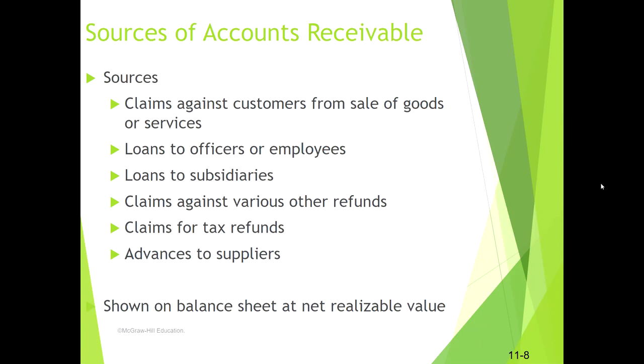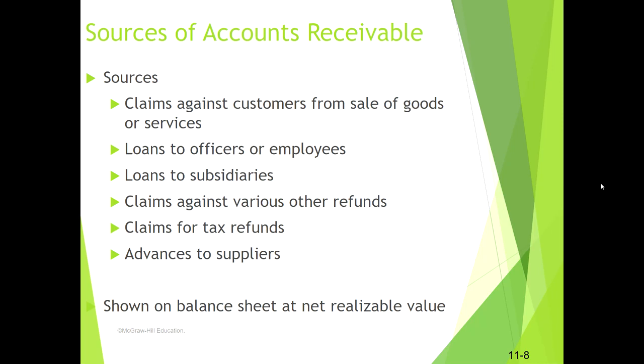So some specific sources of accounts receivable. Obviously, the most common one is the one we're used to, where the company is making a sale to a customer. In exchange for those goods, they get a promise to pay. That's what an accounts receivable is. It's a promise to pay. You can also have them from other sources that are definitely less frequent, related to loans to internal individuals or loans to subsidiaries, and possibly even advances to suppliers.